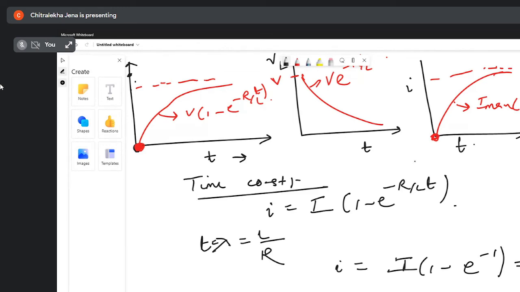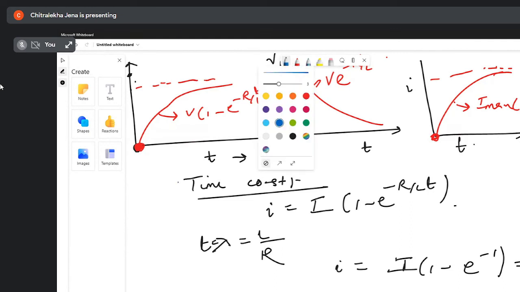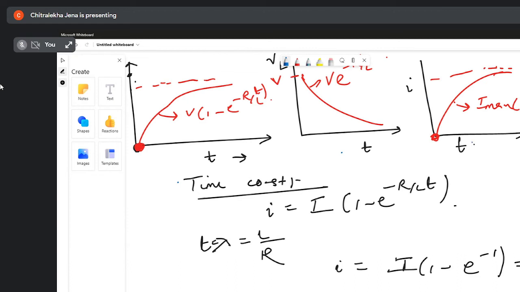So now here I will show you which one is the time constant. Here I will show you time constant. It is here, and it will be equal to 0.632 into I.